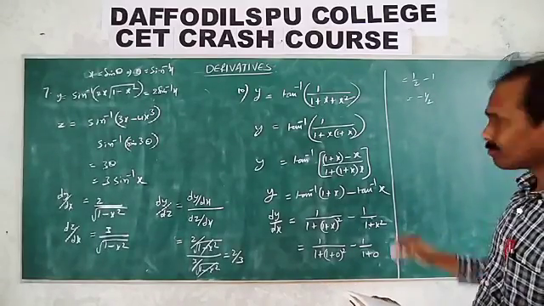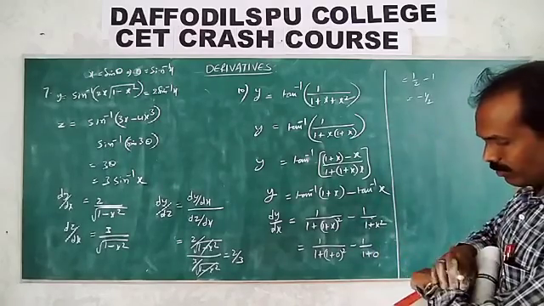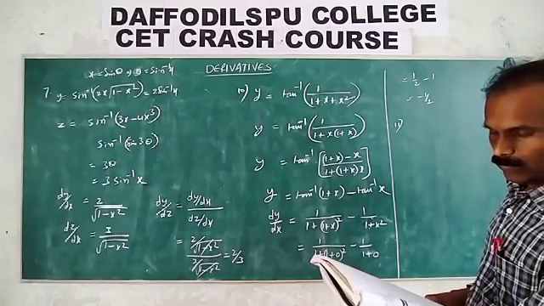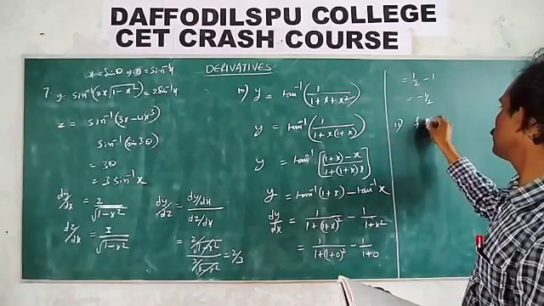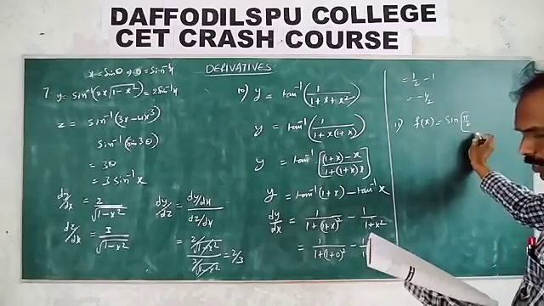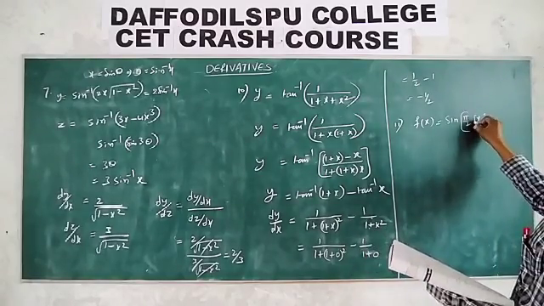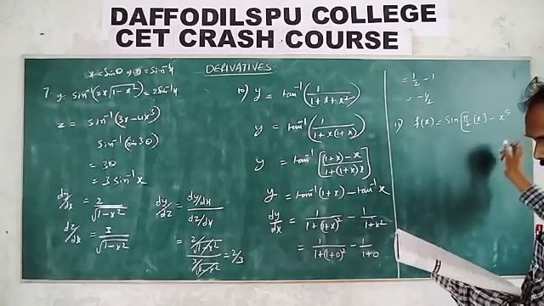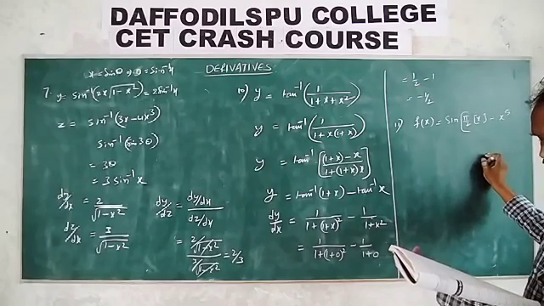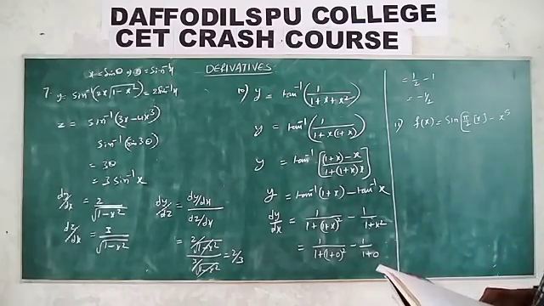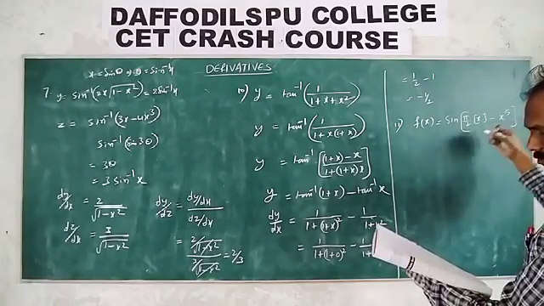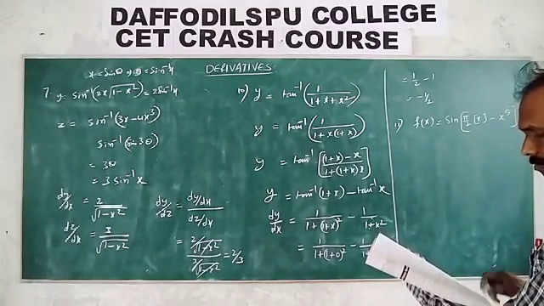Next, 11th. F of x is equal to sin pi by 2 times [x] minus x power 5, where [x] denotes the greatest integer less than or equal to x power 5, right?